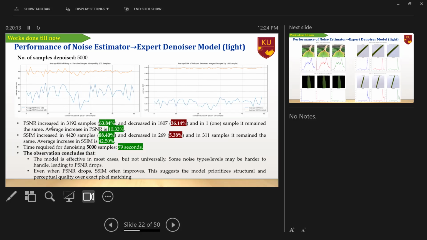So here is the data. We have seen that PSNR increased in 3192 samples, that is 63.84%, and decreased in 1807 samples, that is 36.14%, and one sample remained the same. The average increase in PSNR is 10.3. These are the results for predicted noise or cleaned noise from 5,000 images.